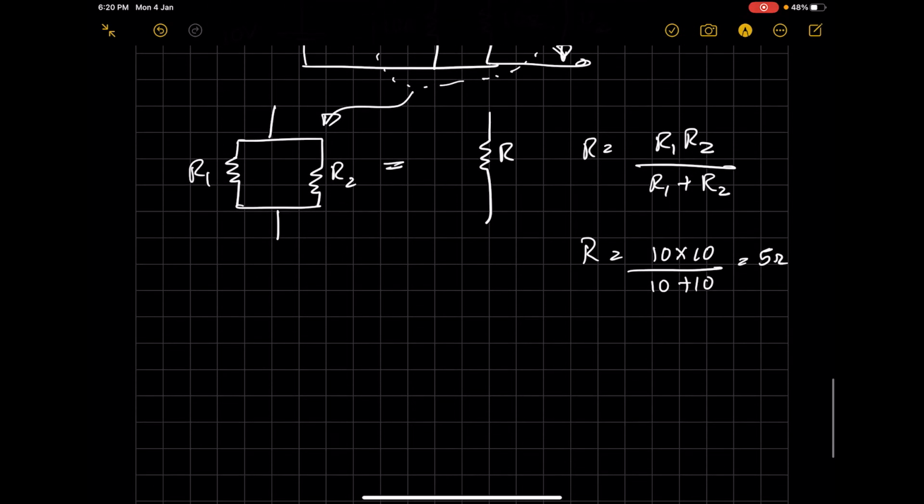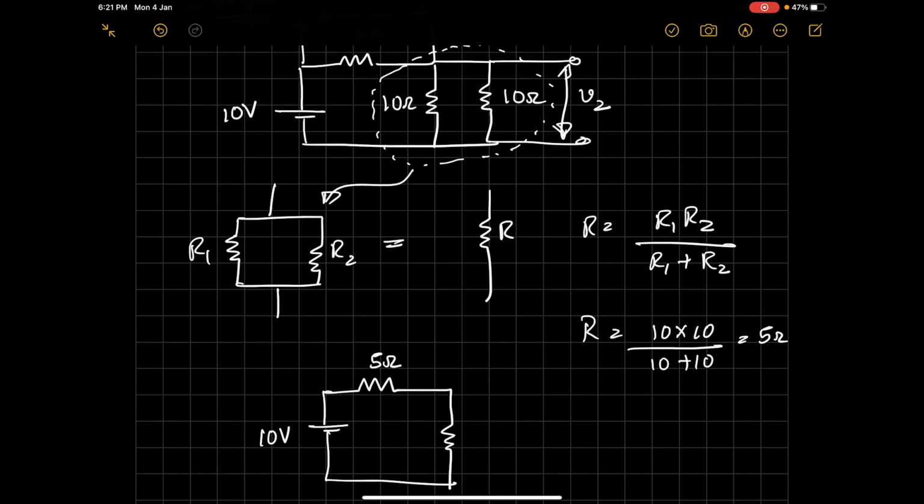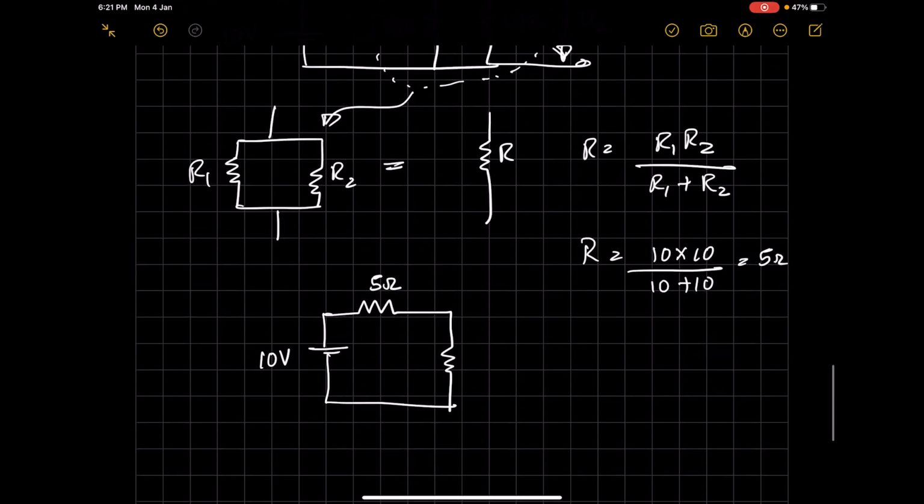Therefore the total voltage 10 volt is going to be divided between two resistances, a 5 ohm, and I just replace the parallel combination of 10 ohm and 10 ohm with a 5 ohm resistance here.